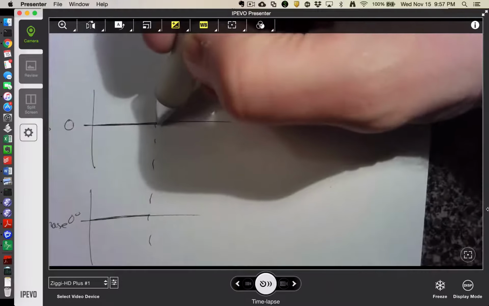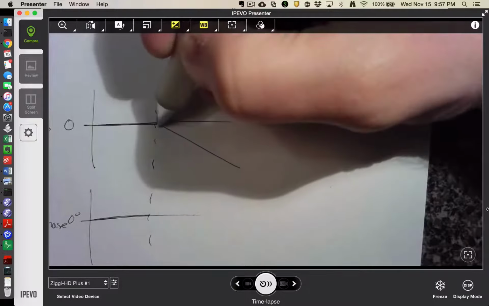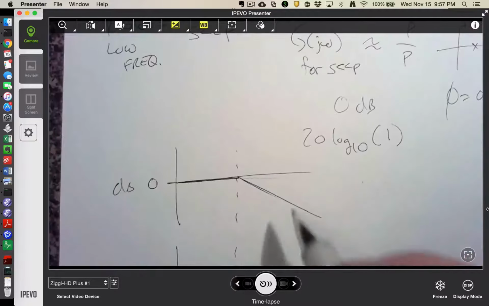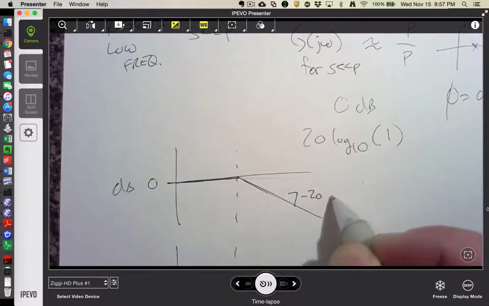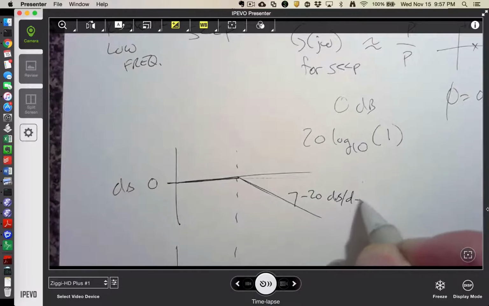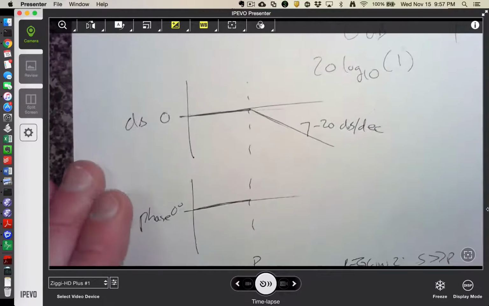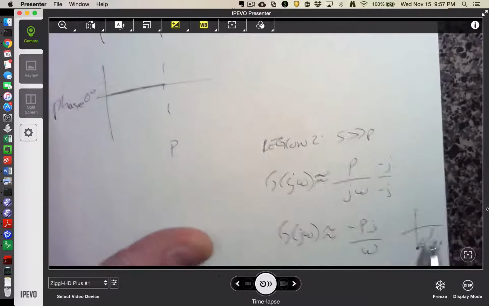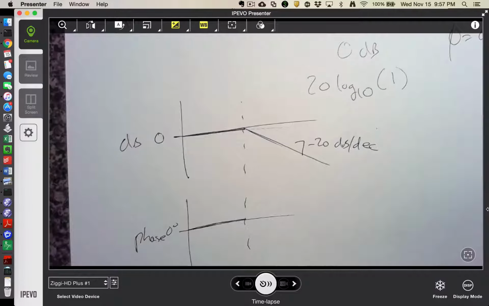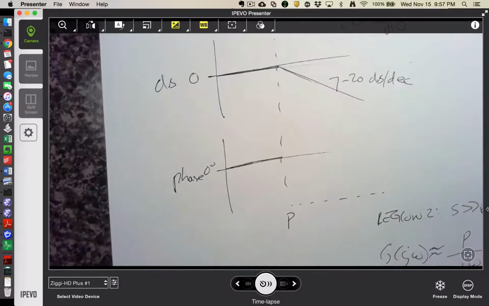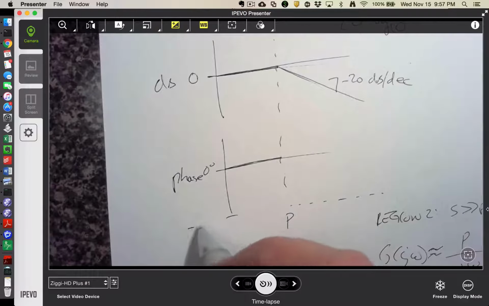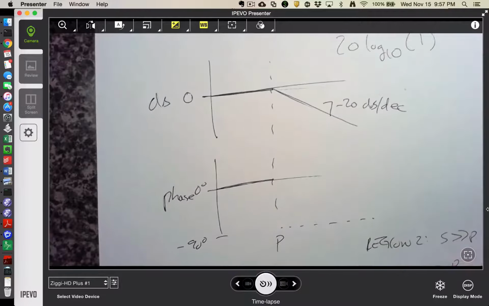So for the high frequency part of our Bode plot, we have a minus 20 dB per decade slope, and the phase of this, as we already discussed, is minus 90 degrees. So the high frequency phase asymptote is minus 90 degrees.